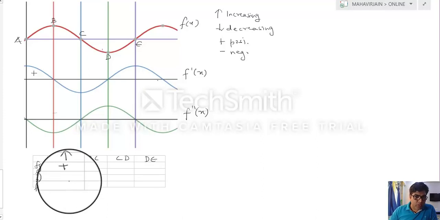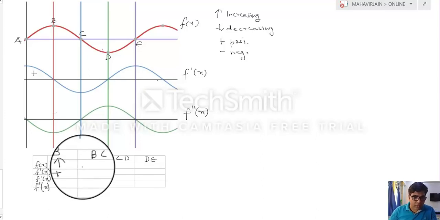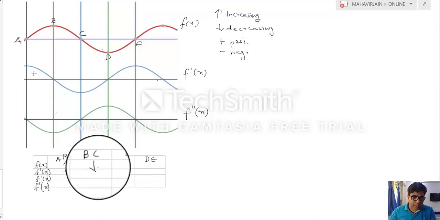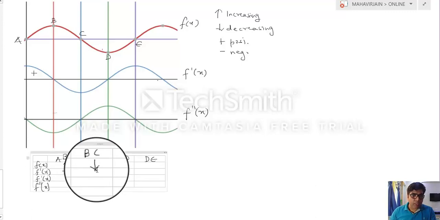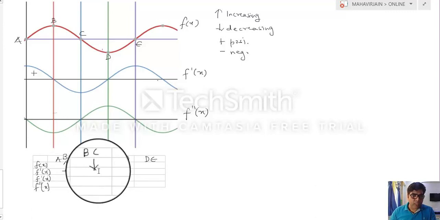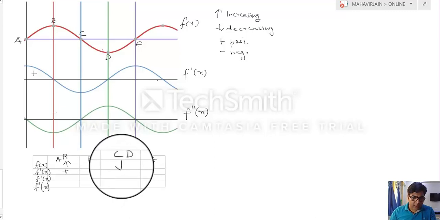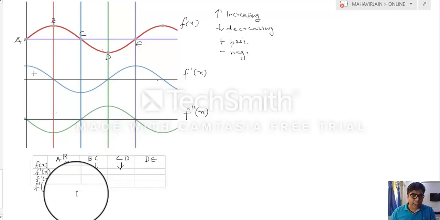From B to C, the curve is decreasing. Again, from C to D, the curve is decreasing, and we know for that case the derivative is negative throughout.